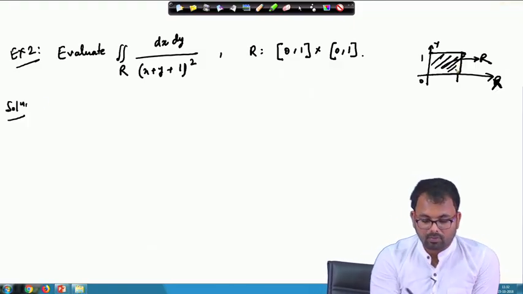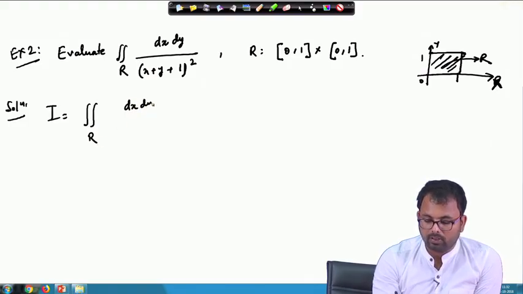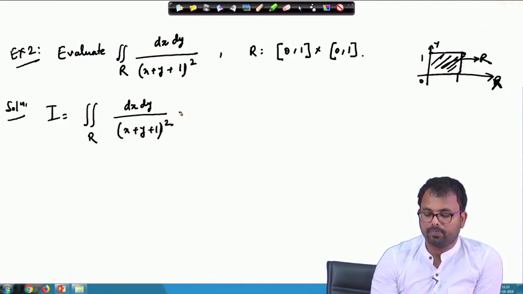Now, let us write I equals the integral over the rectangle R of dx dy divided by (x plus y plus 1) whole square.